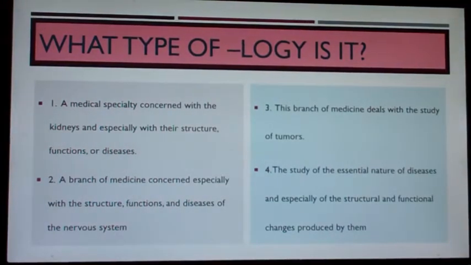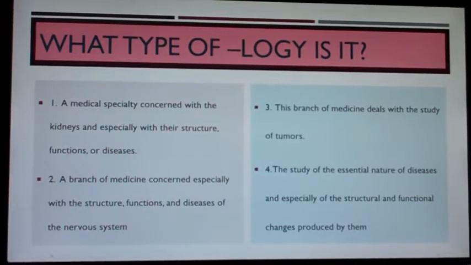What type of logy is it? Number 1, a medical specialty concerned with the kidneys and especially with their structure, functions, or disease. Number 2, a branch of medicine concerned especially with the structure, functions, and diseases of the nervous system.